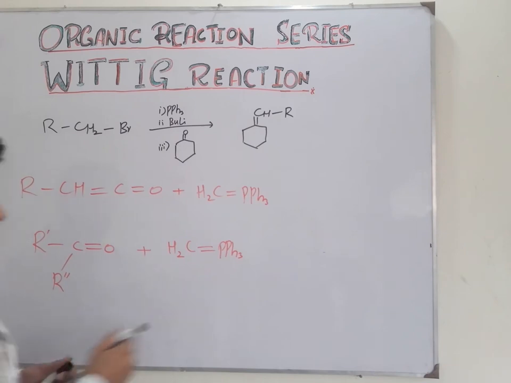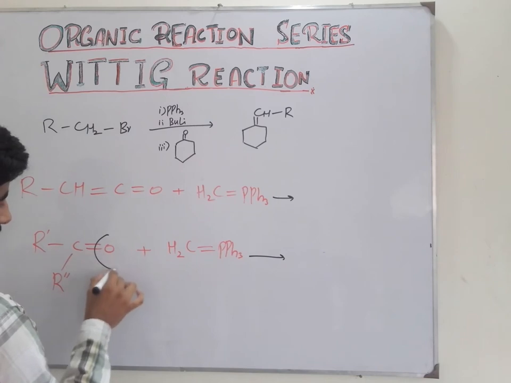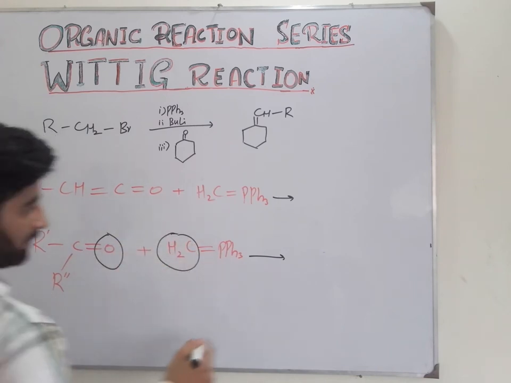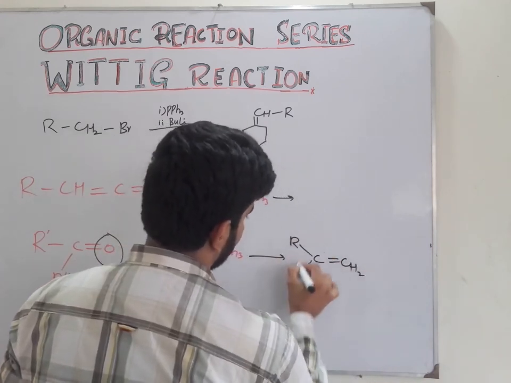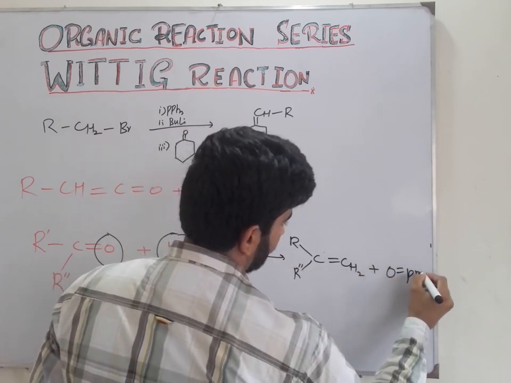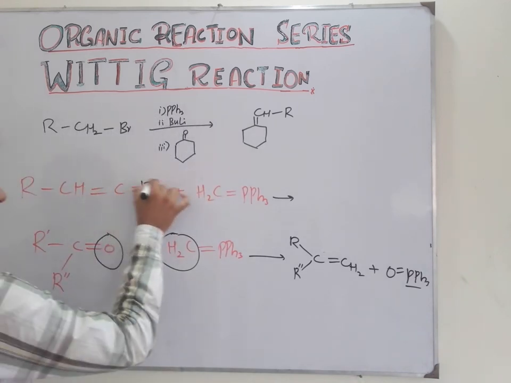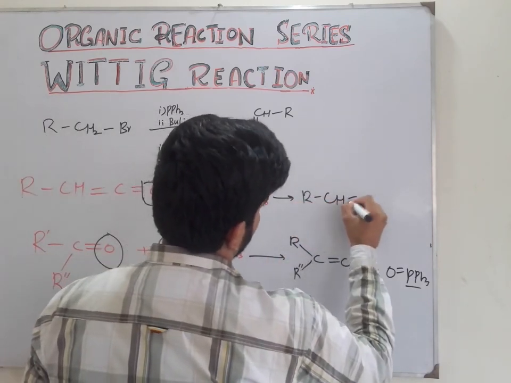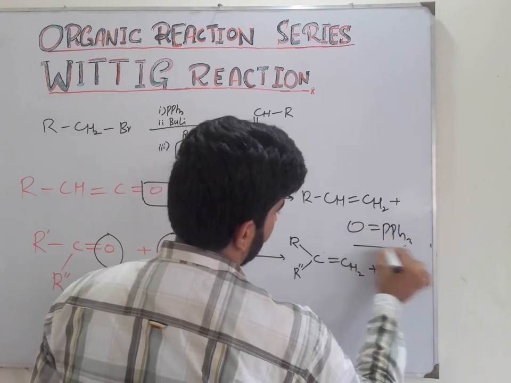The reaction is very simple. This oxygen and this CH2 are displaced, and there is formation of alkene with triphenyl phosphine oxide. Similarly, they are displaced.